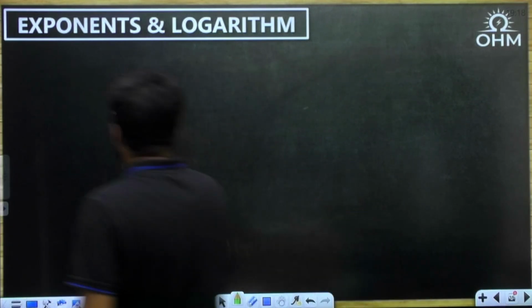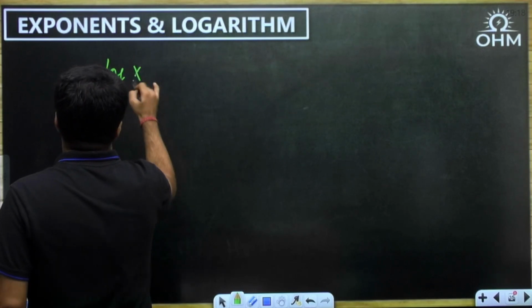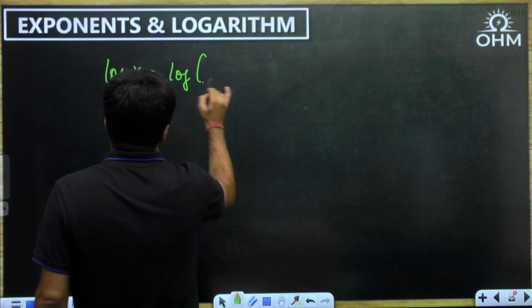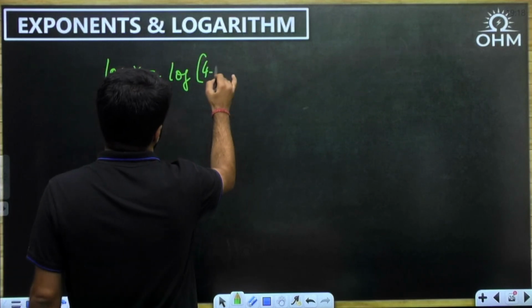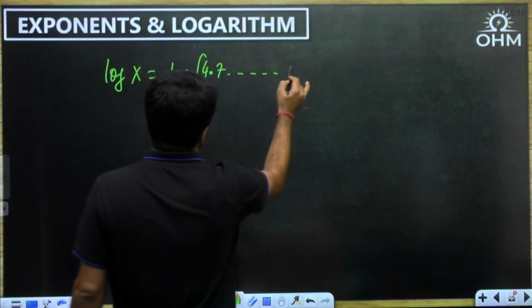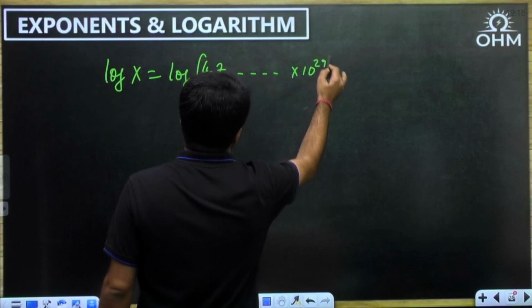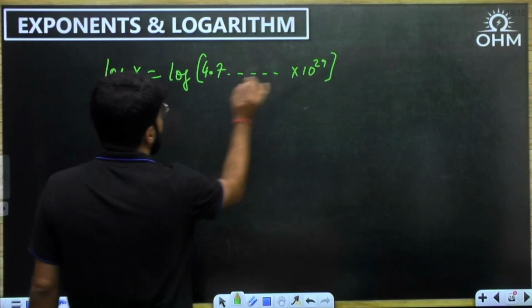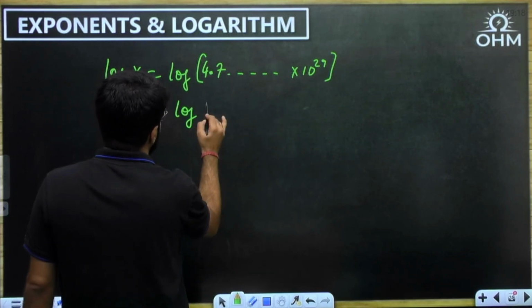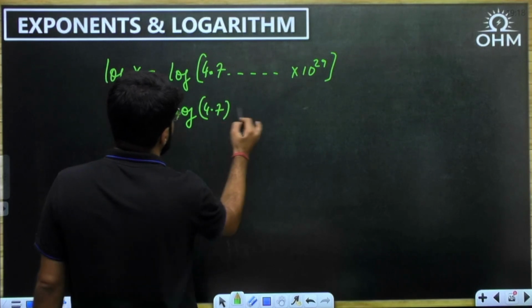Now log of x. X is 4.7 something into 10 power 29. First of all, log of a into b is log a plus log b.